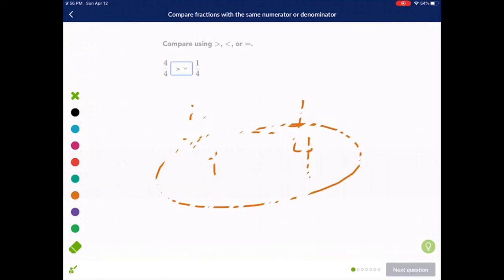If we had two numbers here that were different, let's practice that again. So let's say we had 6/4 and we had 12/8.